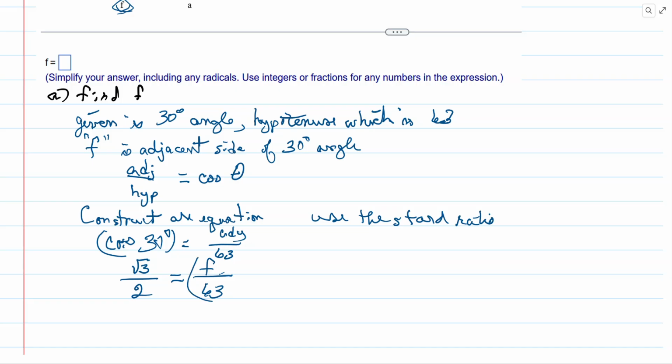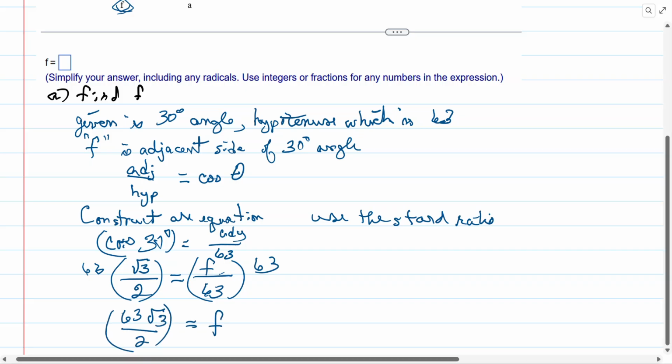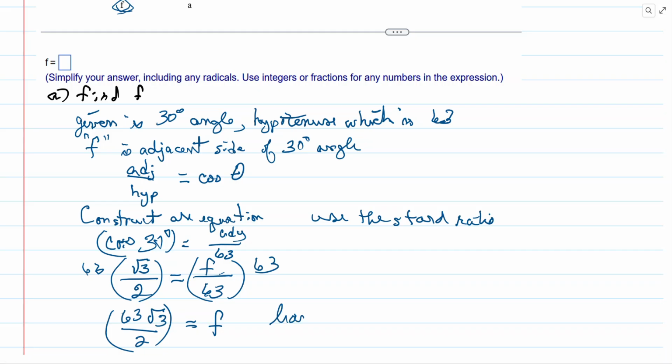I'm going to multiply both sides by the 63. So I'm going to have 63 square roots of 3 over 2 is F. And that's the answer for F. You're going to leave it in exact form.